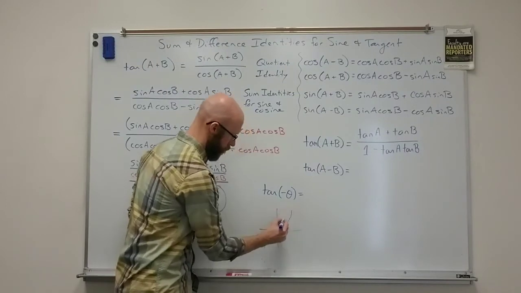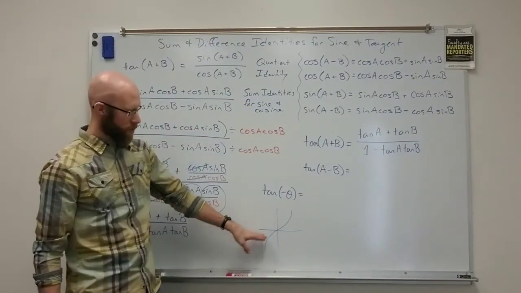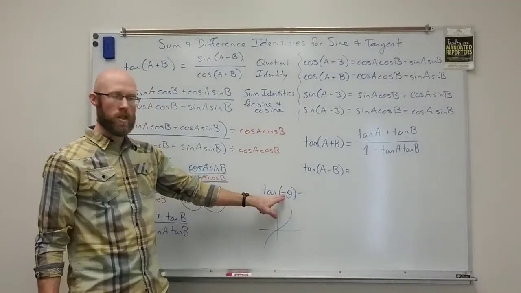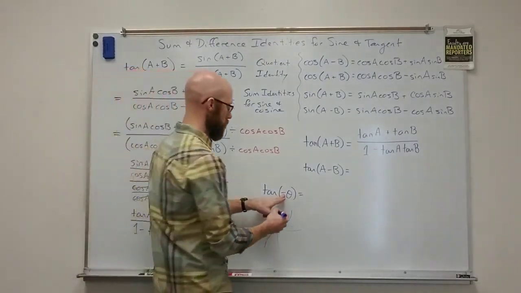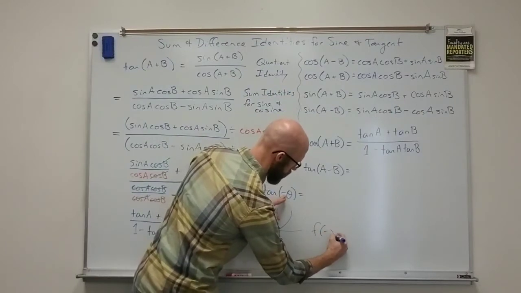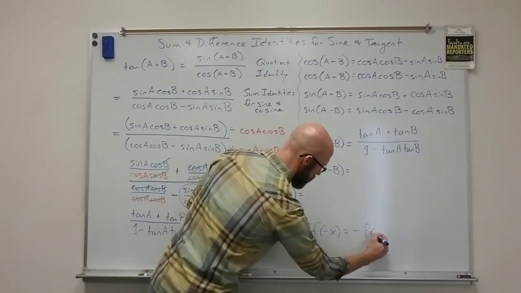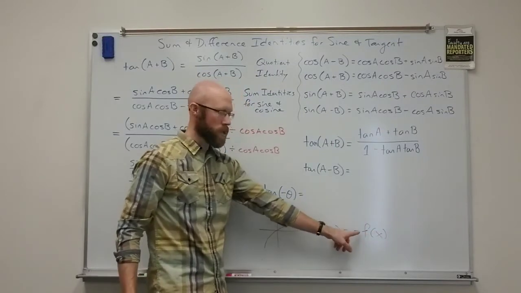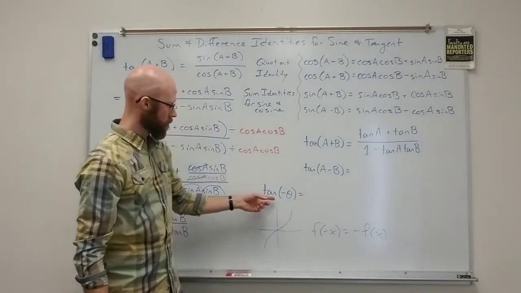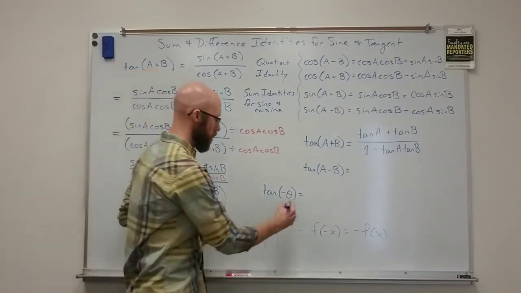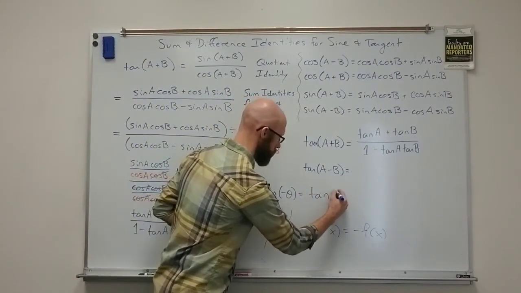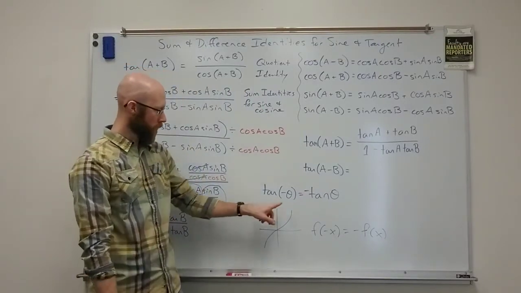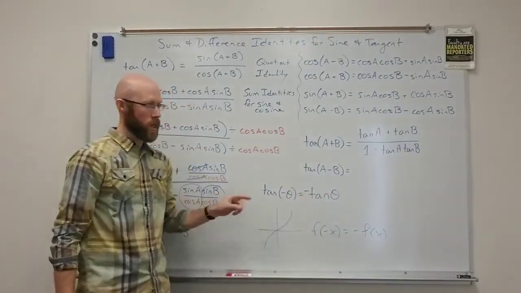We've seen this before, where the graph has origin symmetry, and so it's an odd function, and with an odd function, generally speaking, f of negative x equals negative f of x. So change the input sign, changes the output sign. And so the tangent, if you have a negative input, if you change the sign to a positive, it gives you a negative output, okay? So a change in the input sign results in a change in the output sign.